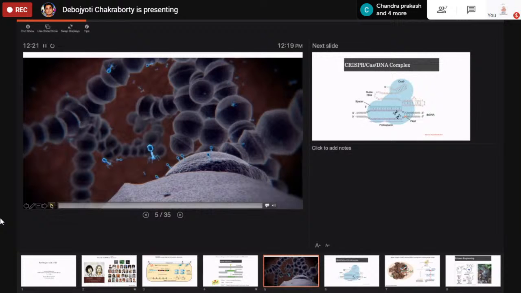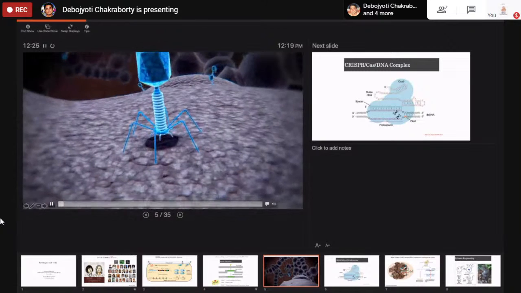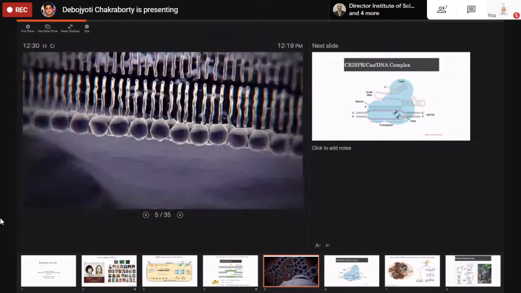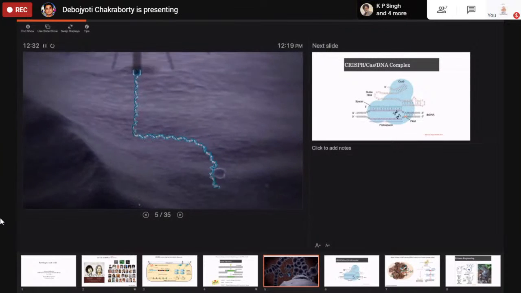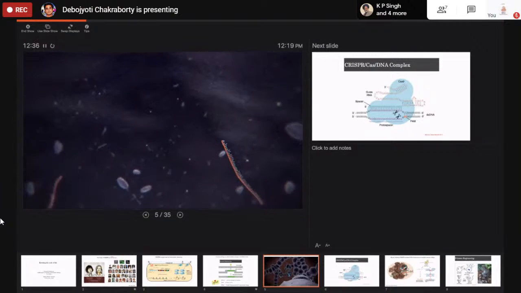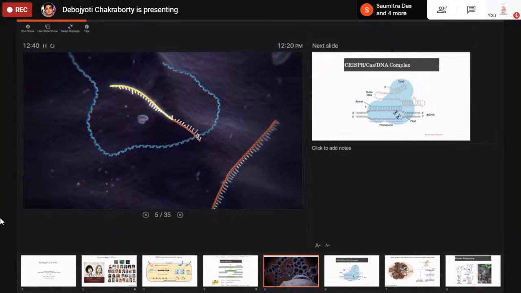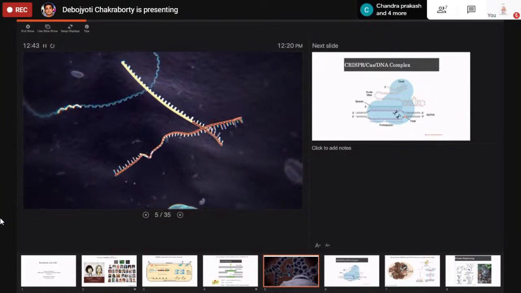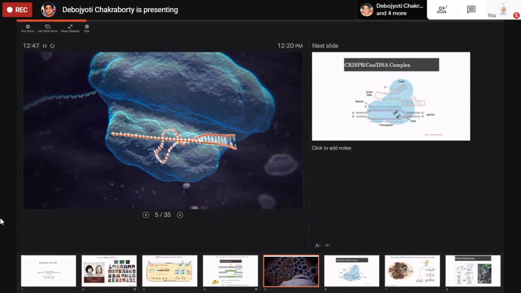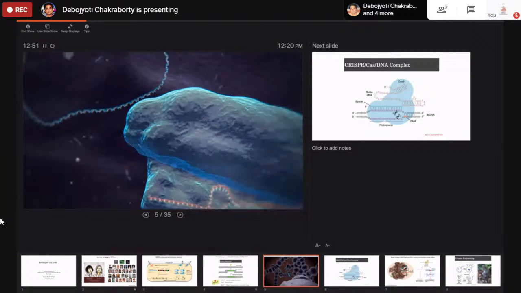Just show a small movie here, what exactly is happening. This is the bacteriophage which attacks a bacterial cell, and it brings its DNA inside. So that's the DNA of the virus which enters the cell. And as it enters the cell, there is a Cas protein which takes an RNA component, and then it tries to cut or chop this DNA off into pieces.